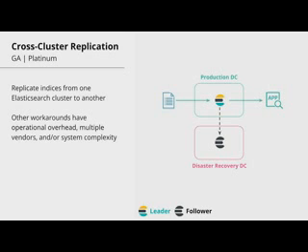But basically, cross-cluster replication allows you to have a leader index that you write to. That's the active one in one cluster, and then you can do it on an index per index basis. A follower index on a remote cluster subscribes to that and actually does the replication.